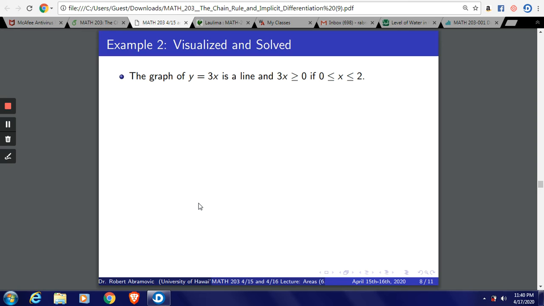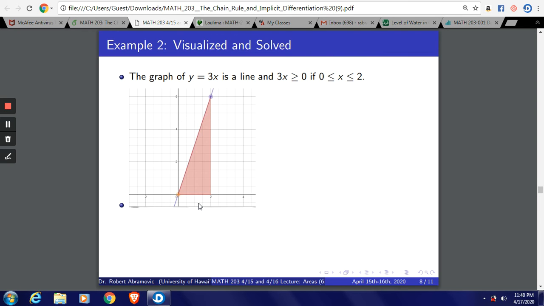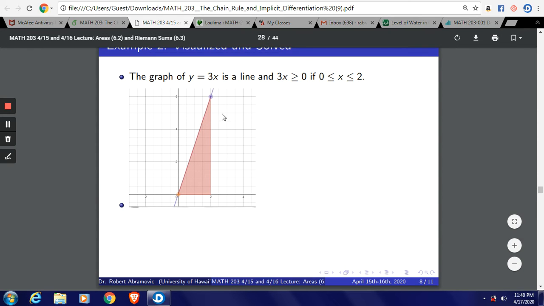We visualize it. Here's the graph of y equals 3x. It's a line, and if we look at the area under the curve, if we draw the vertical lines x equals 0 and x equals 2, what does that cut off? That creates the shape of a triangle.